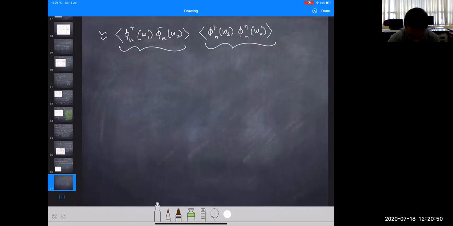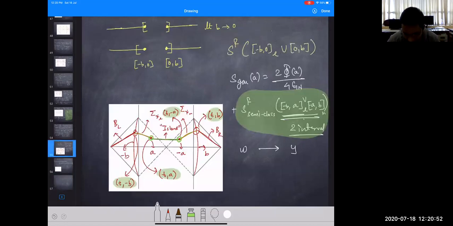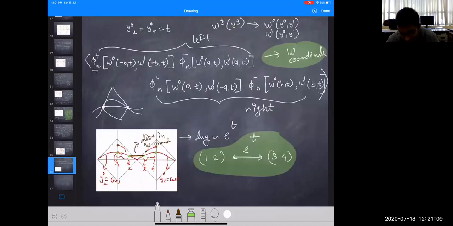I'm just doing a calculational trick to compute this highlighted thing. The highlighted thing is S_F, the fine-grained semi-classical entanglement entropy of 2 intervals, and what I'm describing is just how to compute it. I can't compute it exactly because it needs the complicated 4-point function, so I can only compute it at late times.